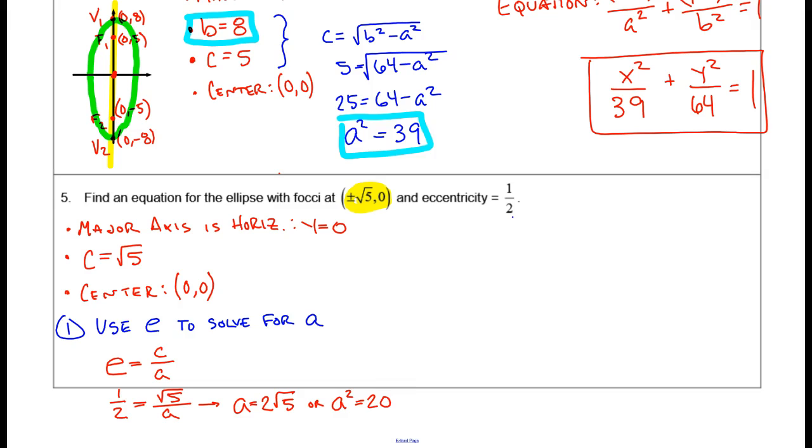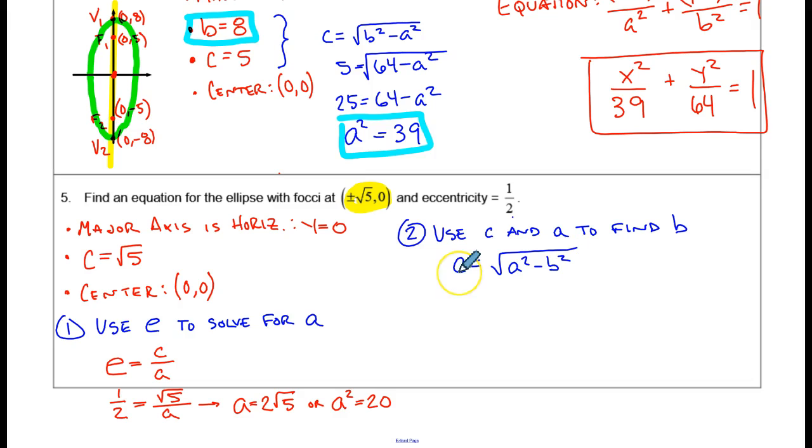Okay, folks, let's move on here. I'm going to go ahead and number the second step here. Second step is we're going to use c and a to find b. Okay, so remember we have this relationship. C equals the square root of the bigger denominator minus the smaller denominator. Well, we know our ellipse has a horizontal orientation, so this is going to be a squared minus b squared under here.